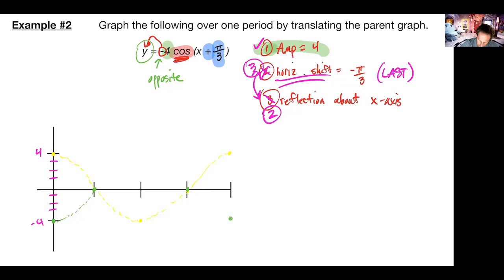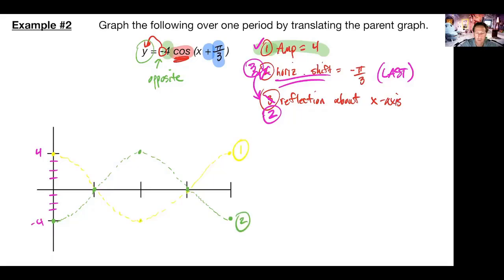Flip down here and become negative. And all these negative pieces down here will become positive. So you can see it's a reflection about the x-axis because it's being done to our y values. So that would have been step 2.